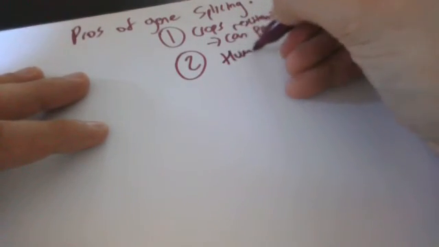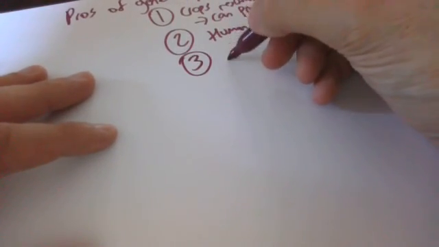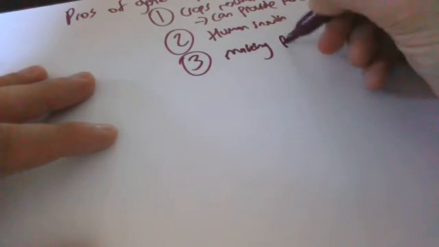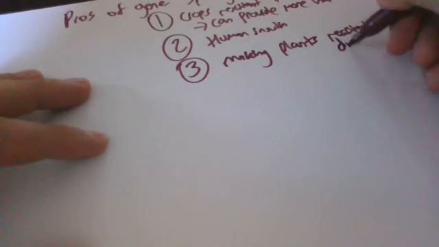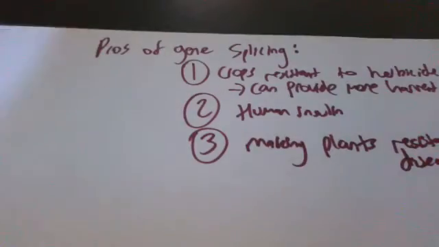It's a better way of putting it. Number two, gene splicing can be used to make human insulin for diabetics. Number three, making plants resistant to disease. So there are three good reasons why we like to use gene splicing.